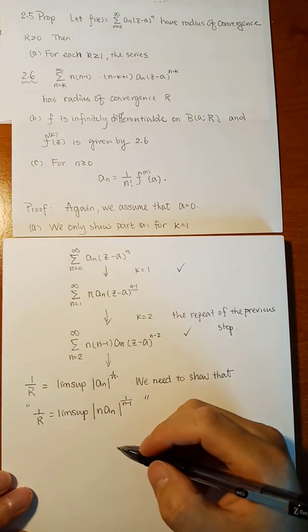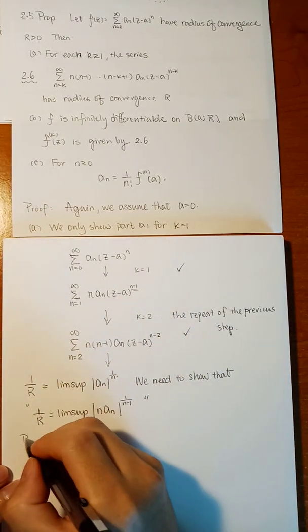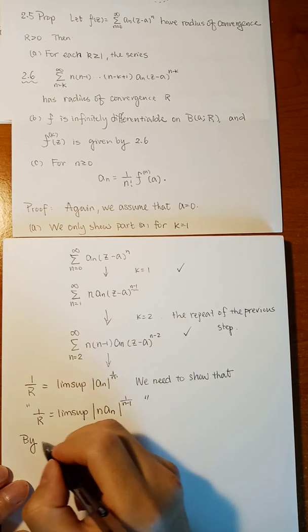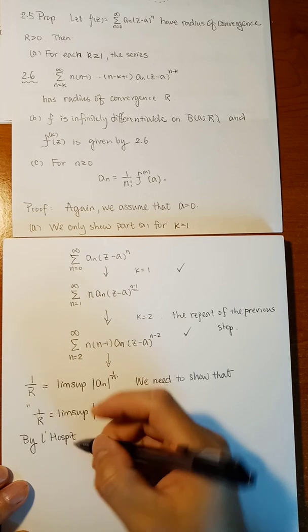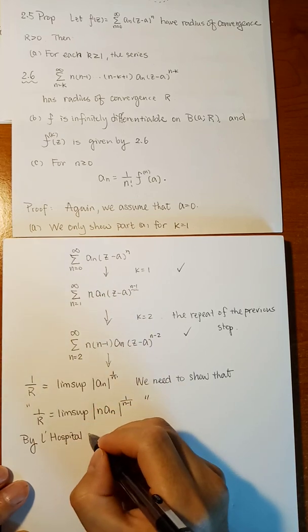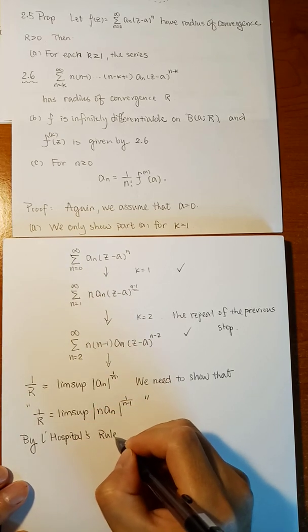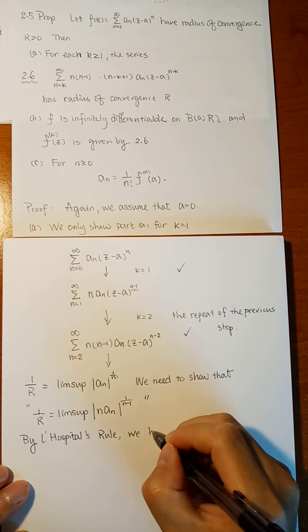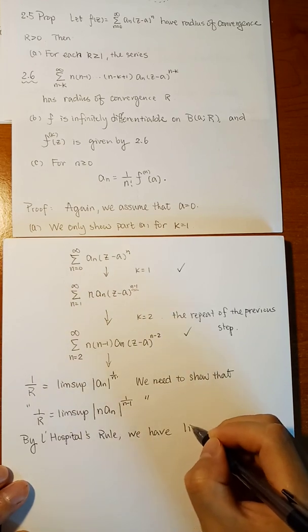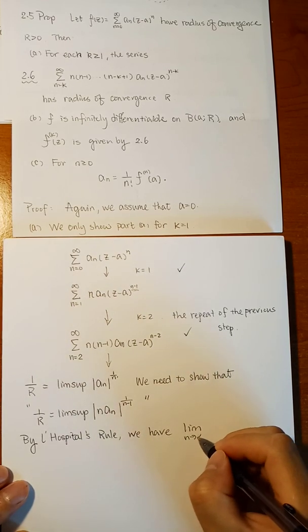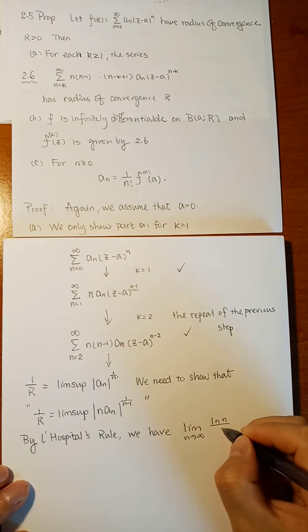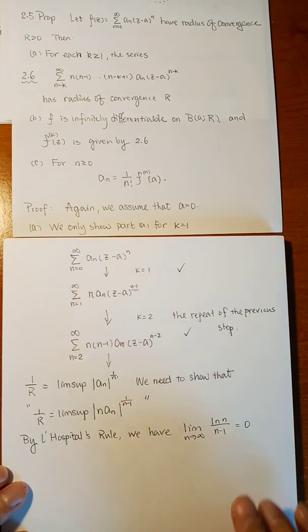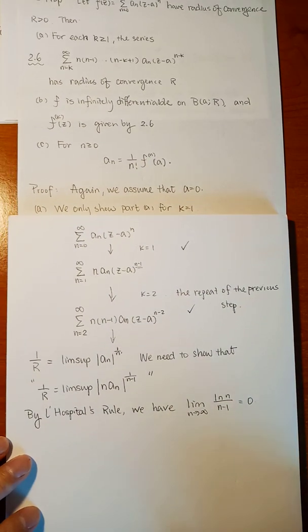By L'Hopital's rule, we have the limit as n approaches infinity of ln n over n minus 1 is equal to 0. Well, that's an easy conclusion.